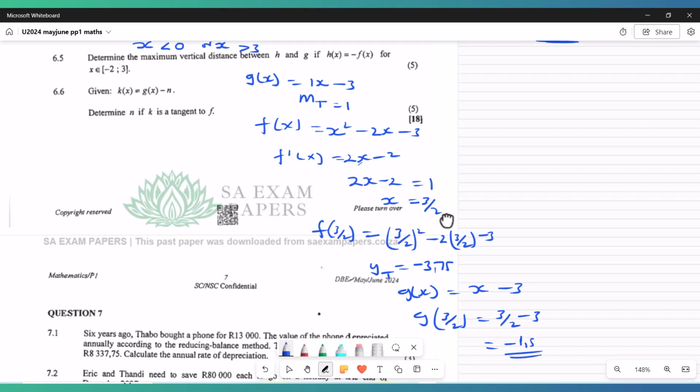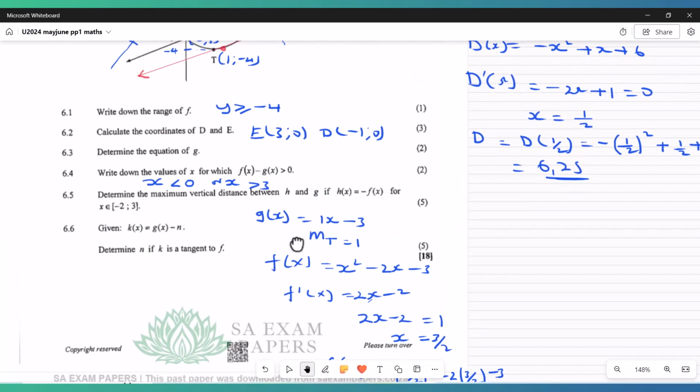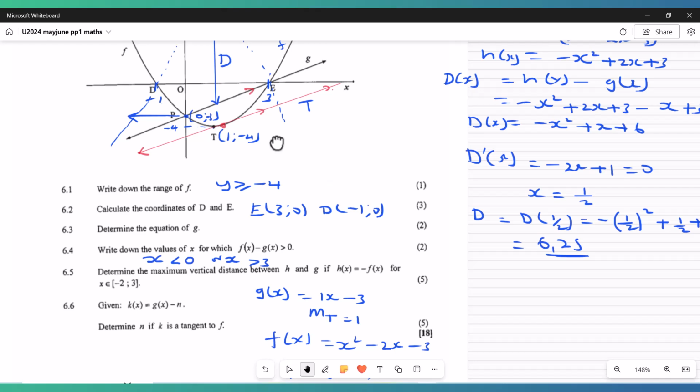But what am I looking for? They say looking for the value of n. So now this time, because I have my function, I have my gradient, and I have my values, I can find it. To make it very clear, let me show it properly here. You see, this g of x was shifted. Okay, let me use green now.